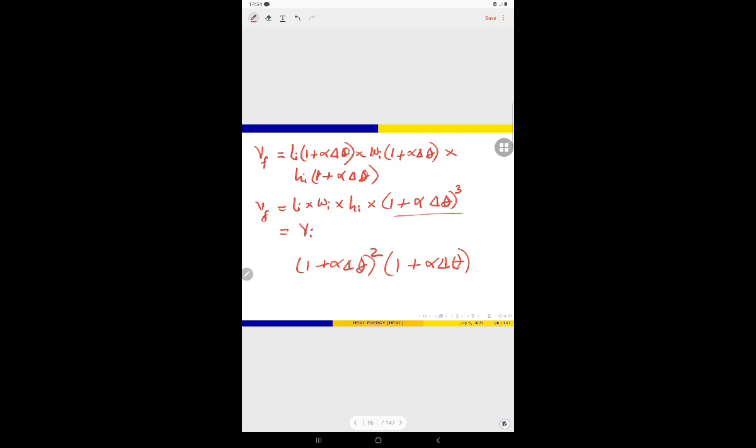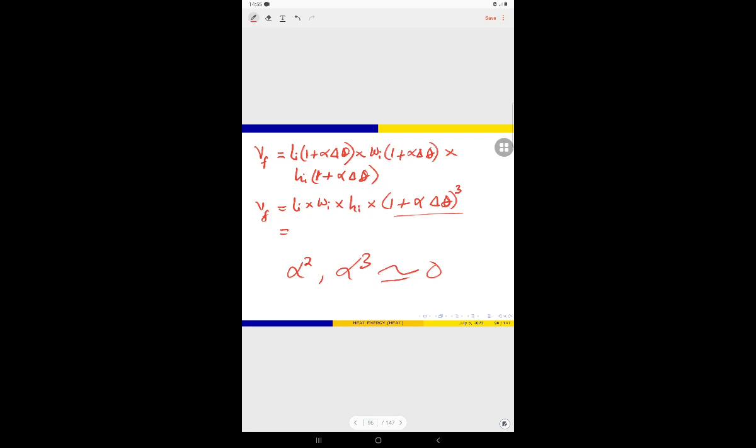You know that linear expansivities usually take small values for solids. So in the expansion, all the terms with alpha squared and alpha cubed will go to 0, and the equation will be reduced. Then you follow the same approach: you get two different equations for Vf, you equate them and solve. Just use the approach, it will come.